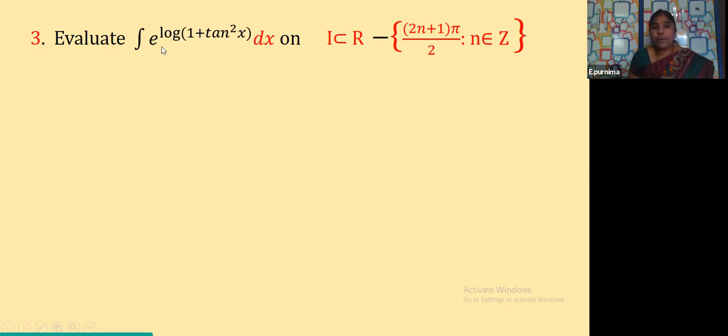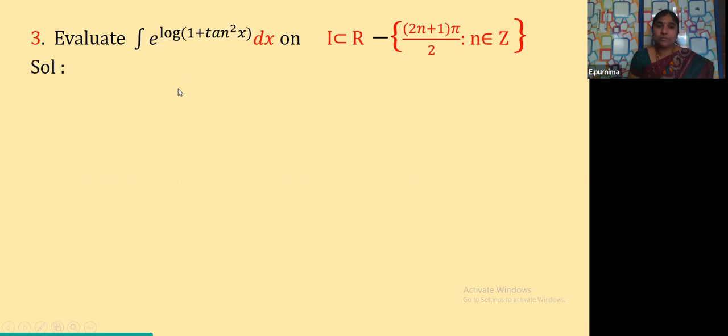Now here, by seeing this one, do you remember a formula, children, which you learned in your lower classes, in 10th class, and you used that in first year also in differentiation? It is the formula of logarithm, here the logarithmic term is in the power. Clear? So what is the formula we have with that?